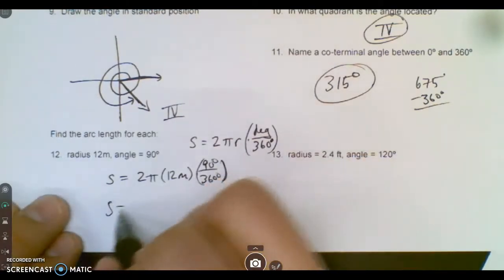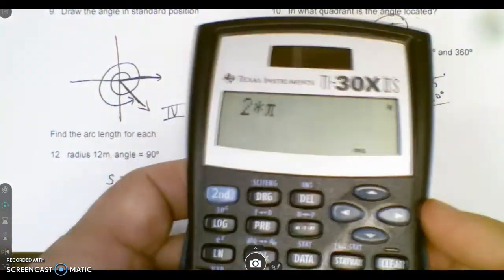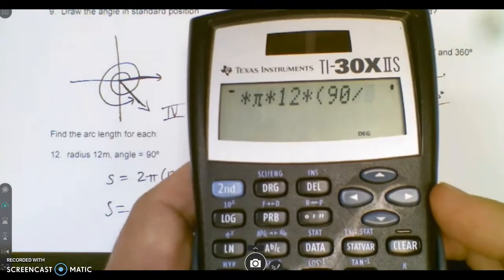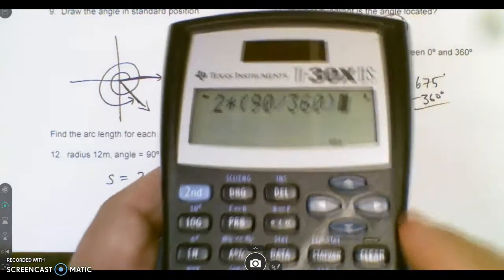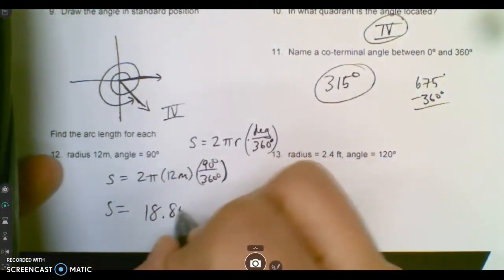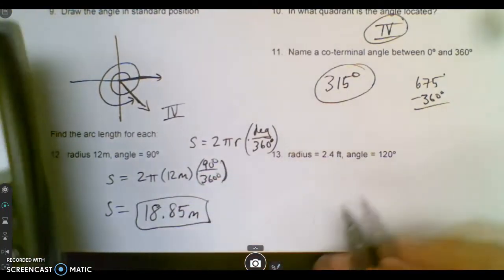So I'm just typing this in: 2 times pi times 12 times 90 over 360. Boom. 18.85 meters. Remember, the problem had meters to begin with, so it's going to have meters at the end.